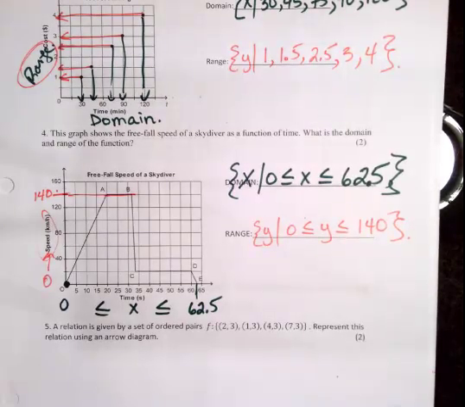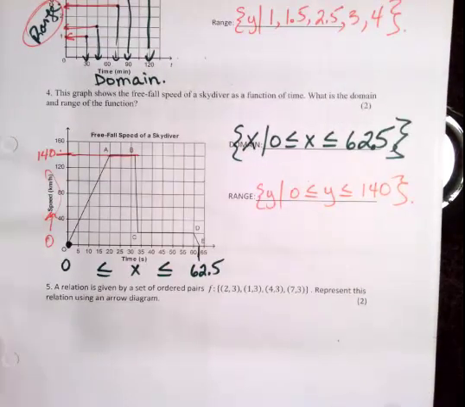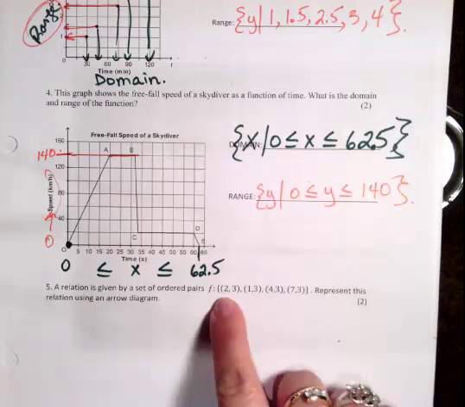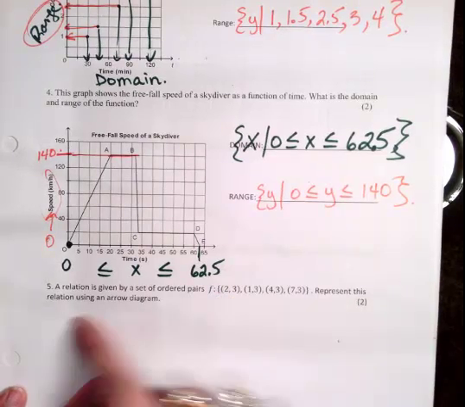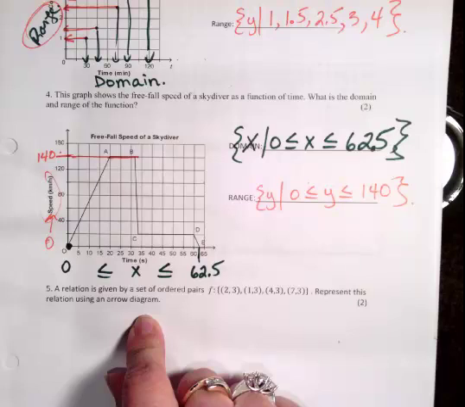Okay, now last question on this outcome here. It says a relation is given by a set of ordered pairs. Now, here's the set of ordered pairs. Represent this relation using an arrow diagram.